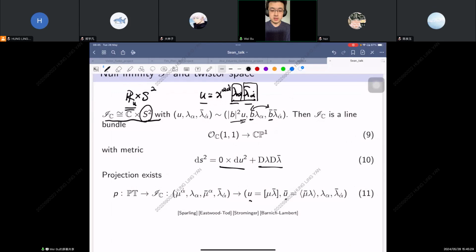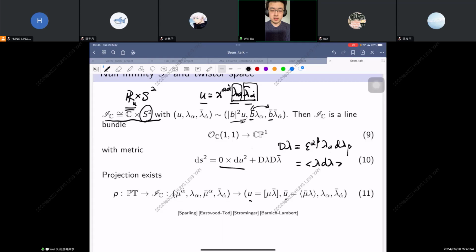If you just write things in the way you're used to, you'll see that coming up. So d lambda is epsilon alpha beta lambda alpha d lambda beta. This is the SL2C invariant. It contracts the undotted SL2C indices. In spinor helicity, we usually write lambda d lambda as an angle bracket.